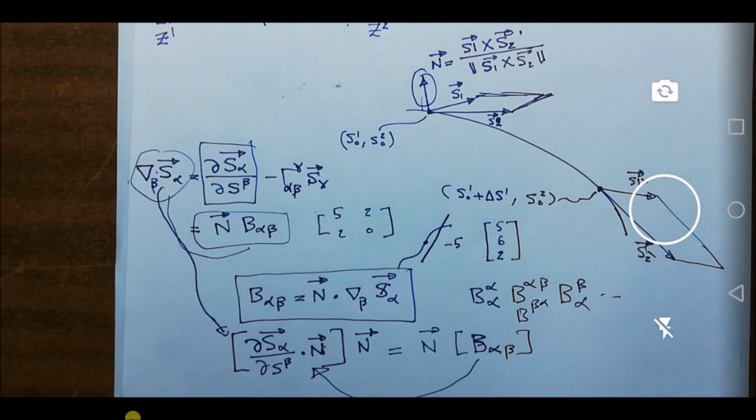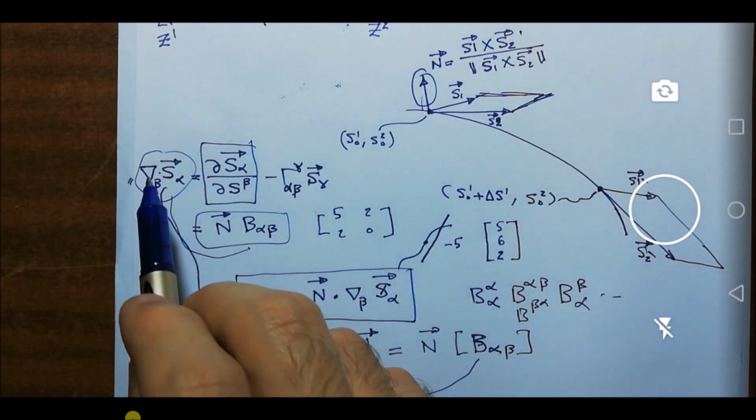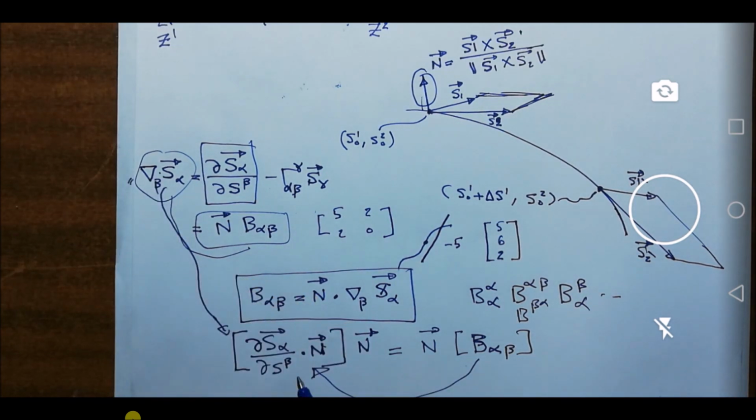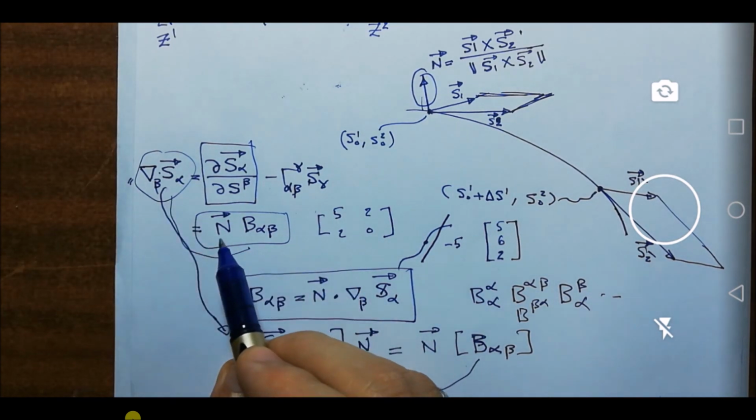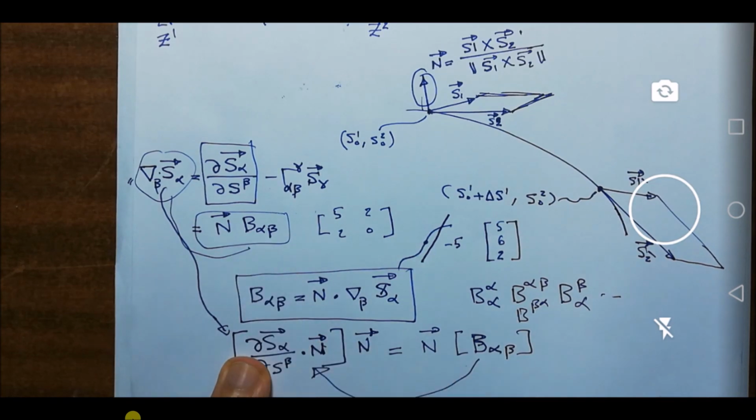In other words, what I'm saying is that the covariant derivative of the covariant basis is simply the rate of change of the basis with respect to each of these spatial variables dotted with the normal vector in order to get the component, and then multiplied by the normal vector again.